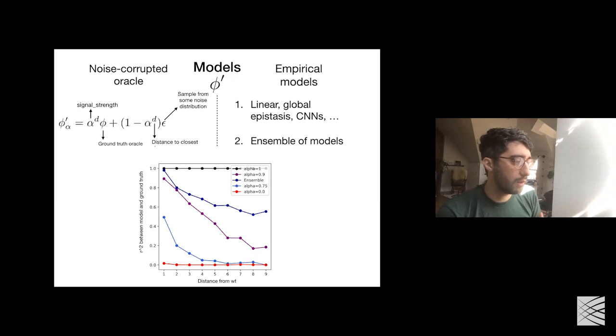In fact, our best ensemble is somewhere between a perfect model and a model that has a signal strength, if you will, of 0.9. So you have pretty good ability to predict sequences, at least on the RNA landscape that I've depicted here. You can also turn the model completely off by setting alpha to 0, so your algorithm should be confused by that, and you can see how well the algorithm performs.